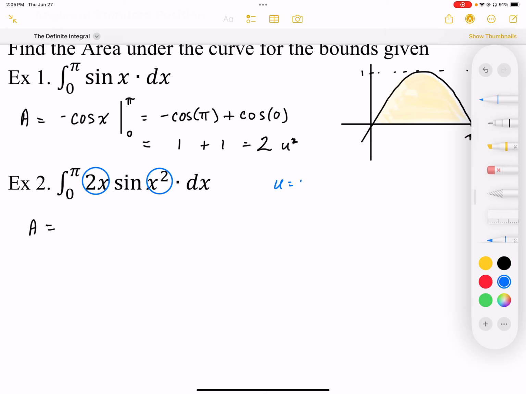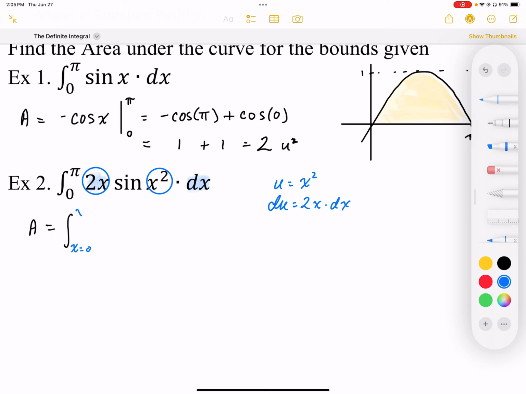So I'm going to let u equal x squared. My du is then going to be 2x times dx. So that 2x times dx represents the outside part of this. Now, we have to be careful here because once we change our variable from x to u, we do have to make sure that we represent that in the bounds.